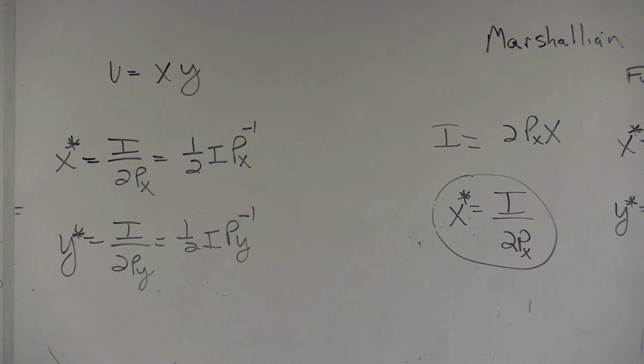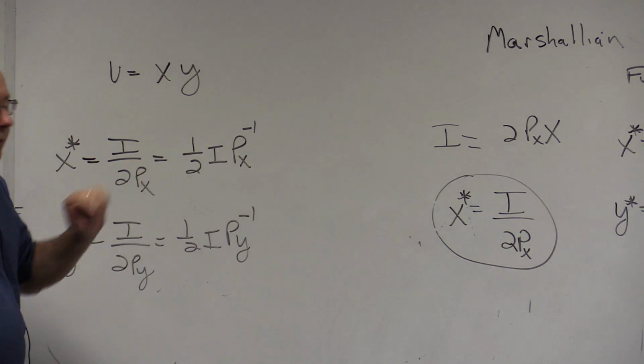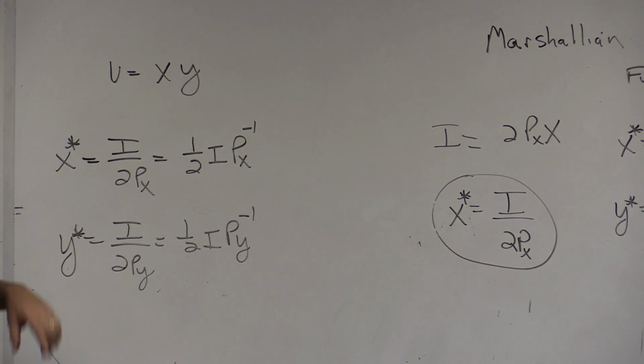Now notice, how does the quantity of good x depend on income and the price of good x? Notice the optimal value of x is expressed as a function of income and the price of good x. How do those two variables affect x? As income goes up, x goes up. As price goes up, x goes down.